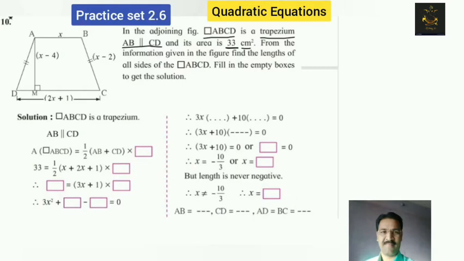And some sides are also given to us. This is AB, this is BC, x minus 2. Here this is AD also x minus 2, because both are the same. Okay, and here AM, which is the height of the trapezium, is x minus 4. Now here this base DC, which is 2x plus 1, is also given to us.